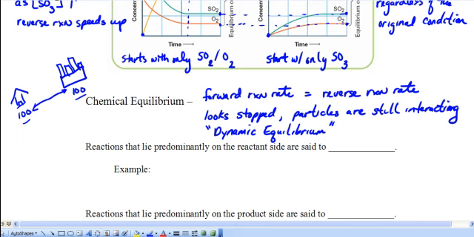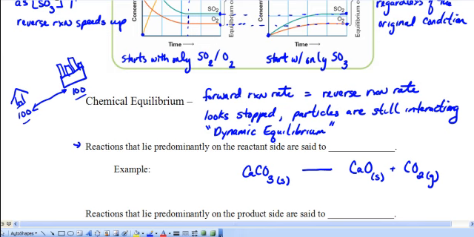Now, where does this equilibrium occur? Well, it's actually different for different reactions. Some reactions, now we're looking at down here, some reactions will lie predominantly on the reactant side. Simply meaning this: if we have calcium carbonate, it will naturally decompose to calcium oxide and carbon dioxide gas.